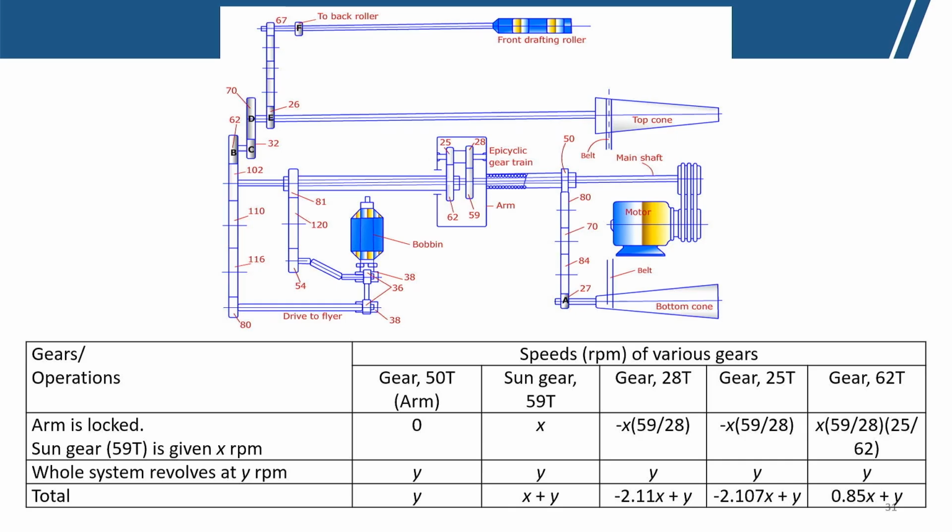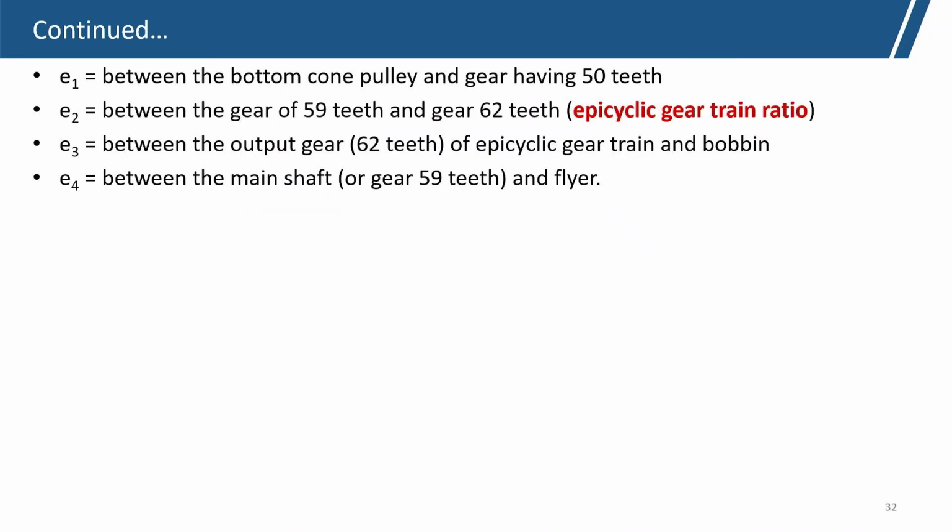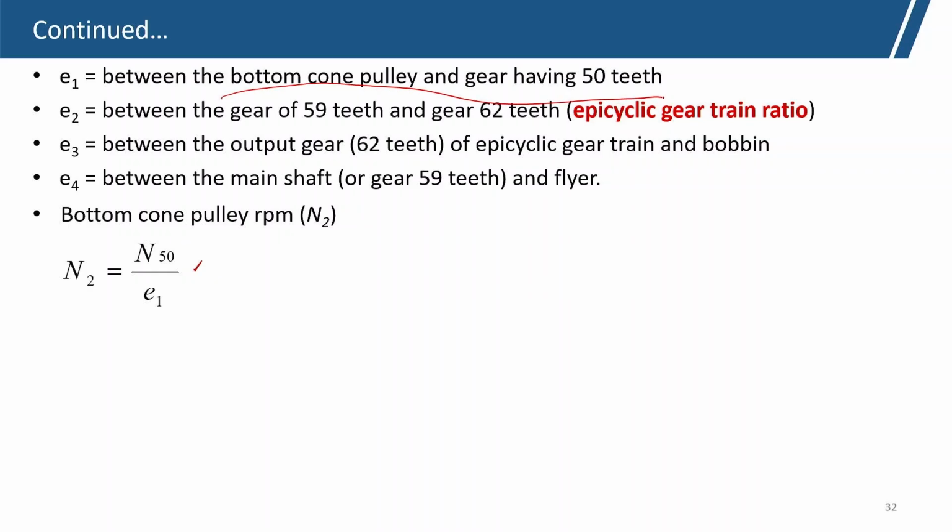Now, we can see here again the relationship. So, we have reached here in terms of the output speed of epicyclic gear and the spindle speed. Now, we will go back further. Now, bottom pulley RPM is N2, and N2 is nothing but N50 by E1, where E1 is the gear ratio between the bottom pulley and 50.